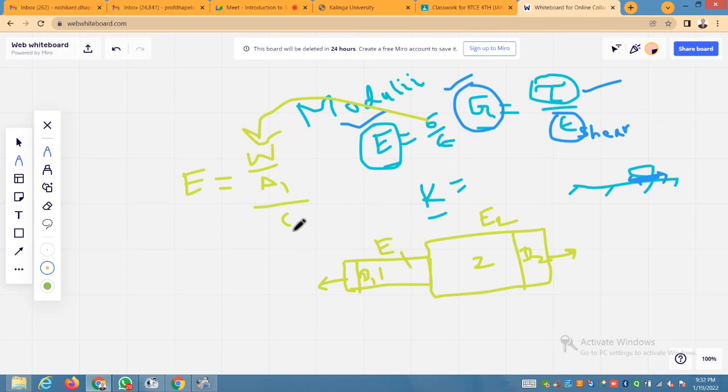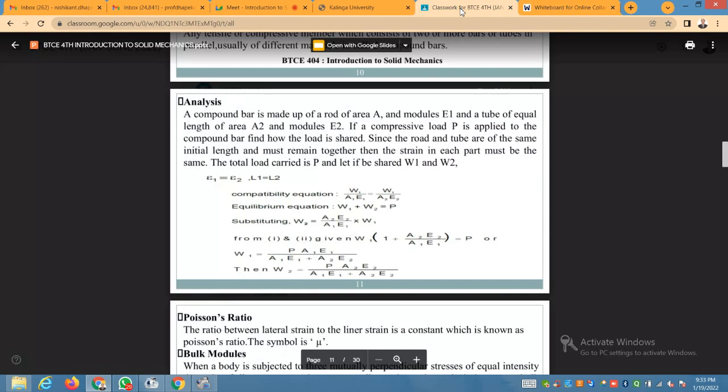So suppose the strain, I am abbreviating in first portion as epsilon 1. So if I do some mathematical calculations, this epsilon, that is the strain in first portion, will be equal to W upon A1 into E.